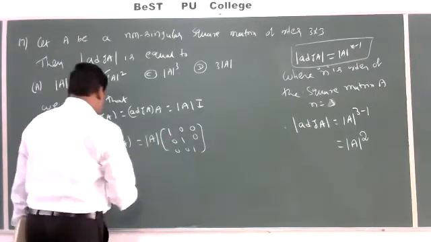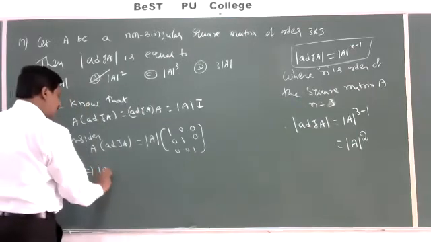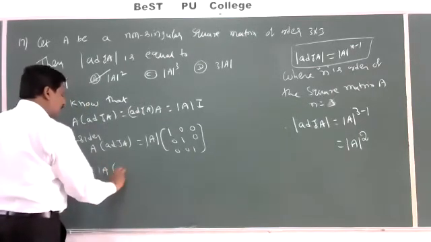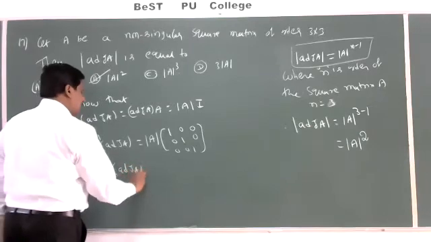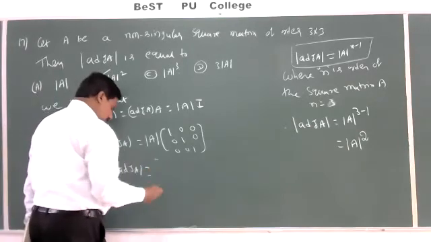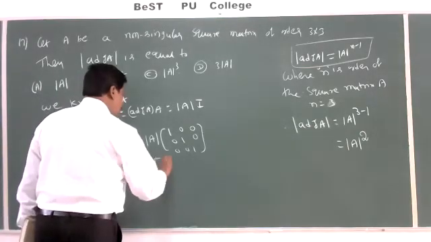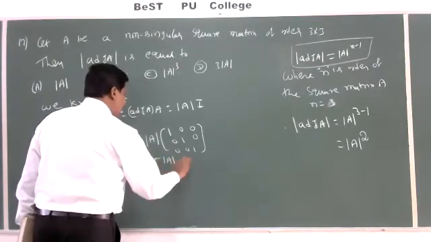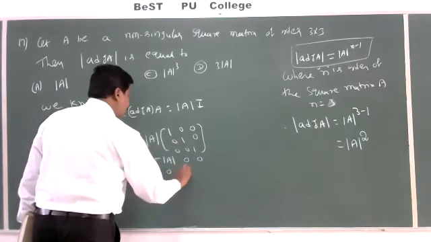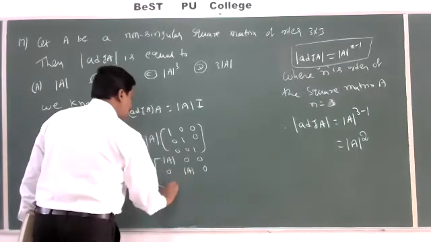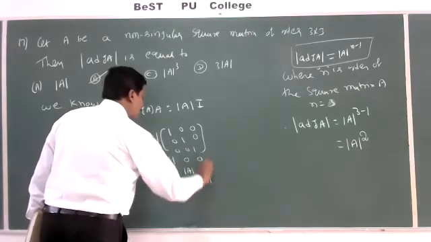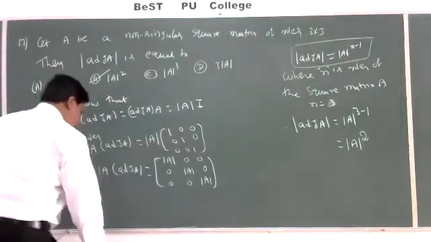Now if you multiply this det A inside, then A into adjoint A equals det A 0 0, 0 det A 0, 0 0 det A.